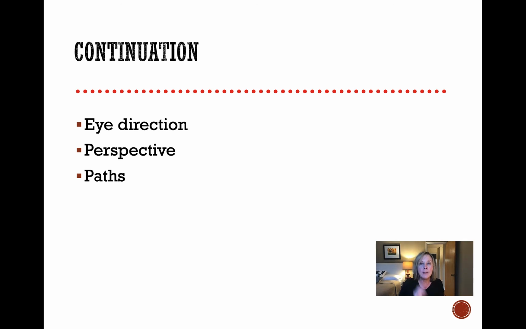There are three ways that we get eye direction. I'm sorry, continuation. Eye direction, perspective, and paths.